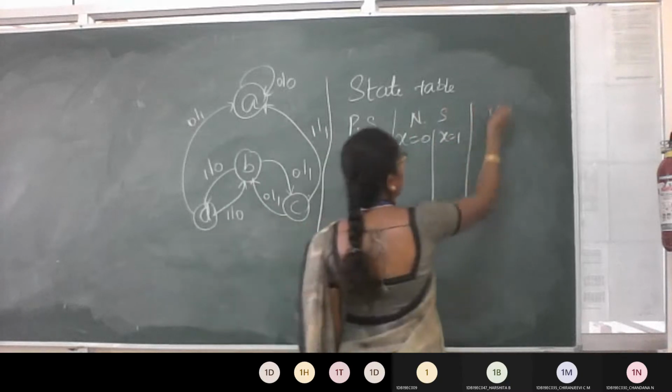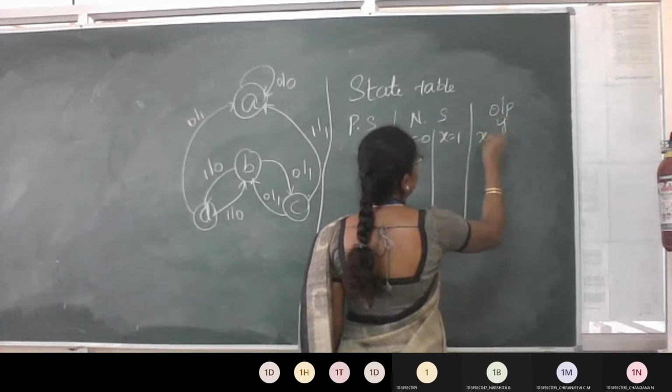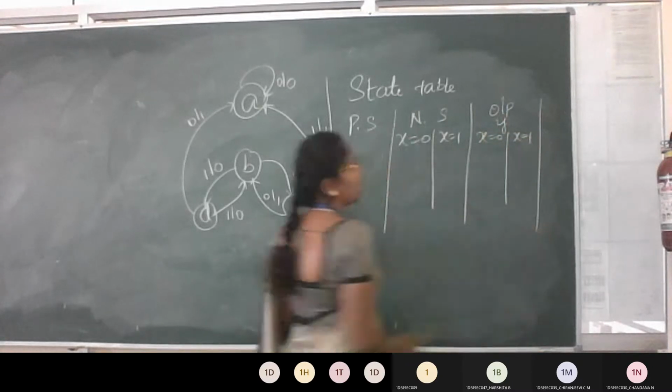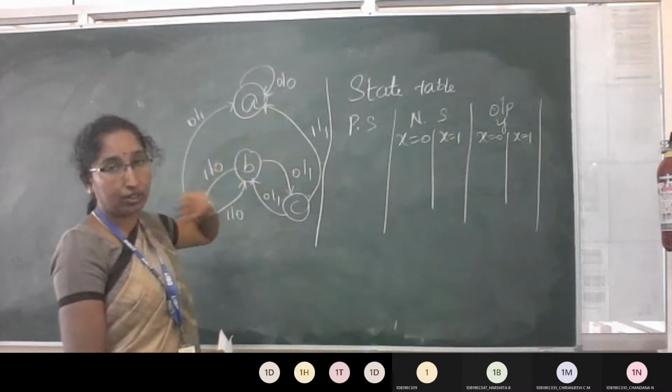Then you need to list the output. Let me take the output for x is 0 and x is 1, because in Mealy the output is different for both transitions.